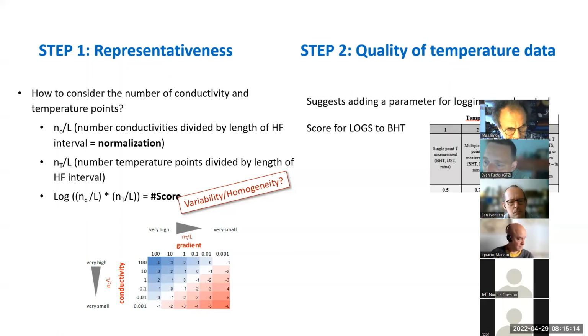I mean, the point in terms of single point temperature measurements, Jeff said that it had 75,000 measurements. All those 75,000 will end up with a quality of 0.5 based on this criteria.